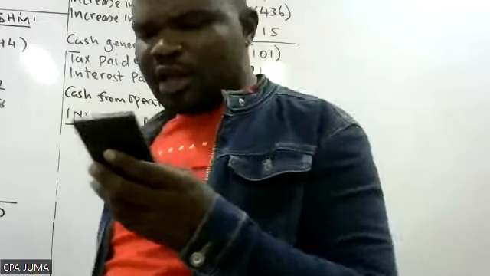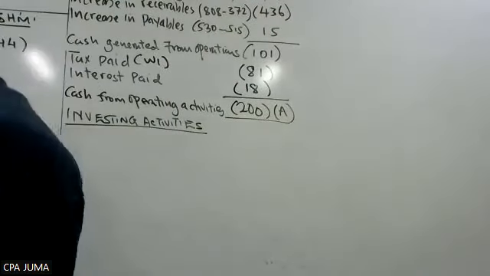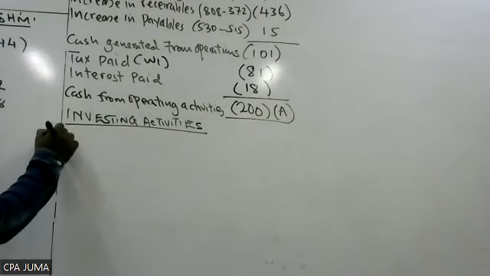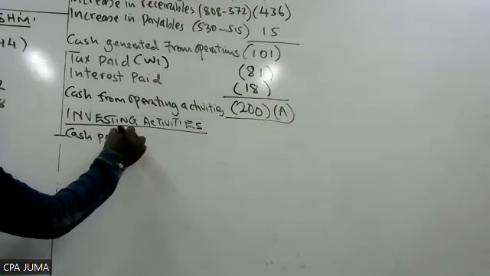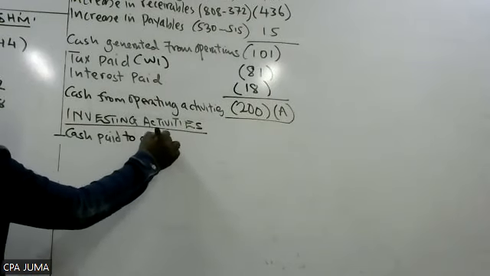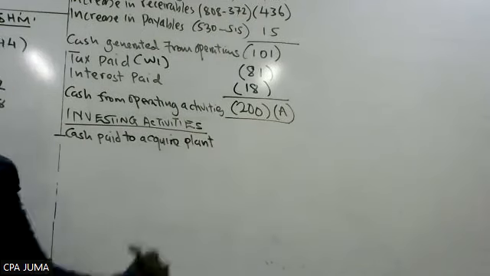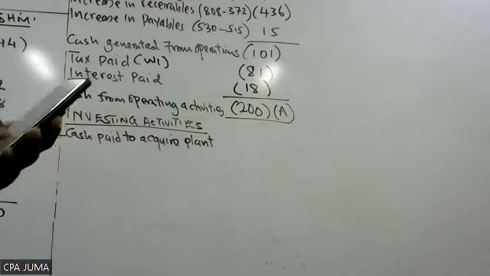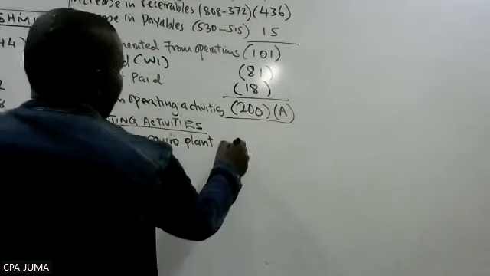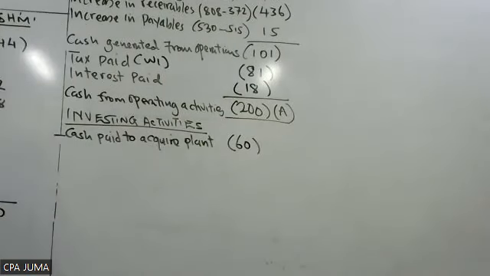During the year, the company acquired new plant at a cost of 60 million. So acquisition of plants: cash paid to acquire plants. In note 3, they acquired a new plant at a cost of 60. That is cash outflow.